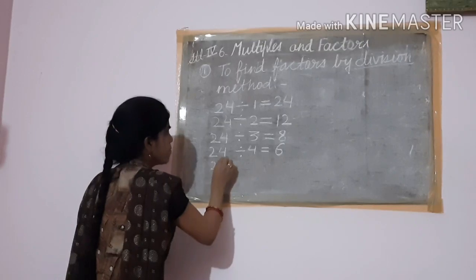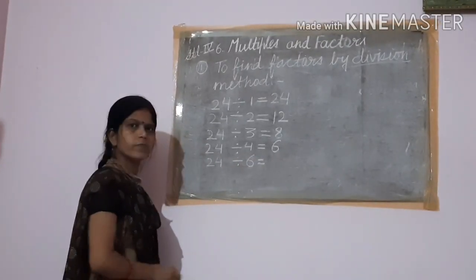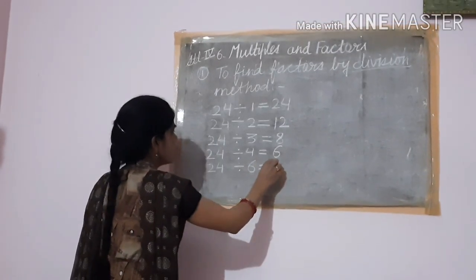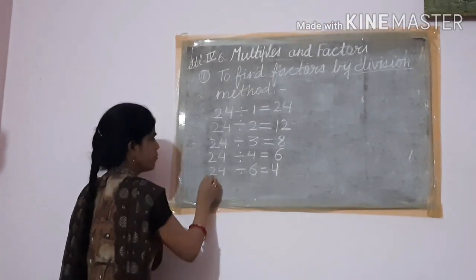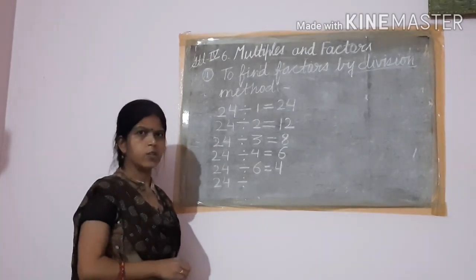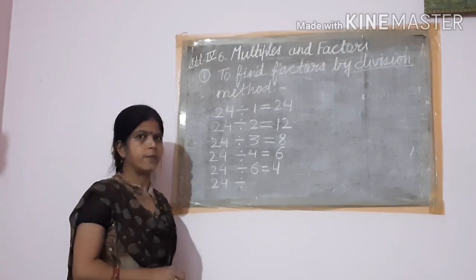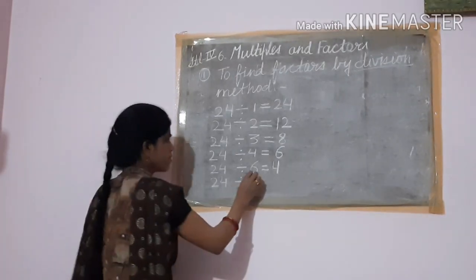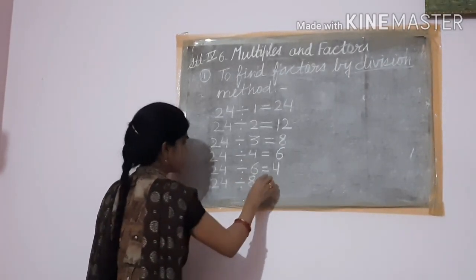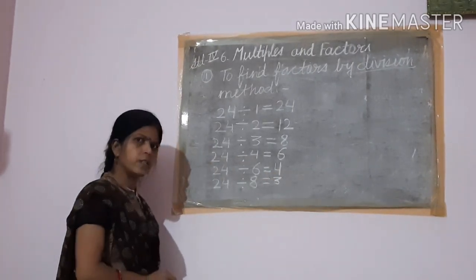Now the next number, 24 divided by 6. What will come? Again 6 4s are 24. 24 divided by 7. In the 7 table also 24 is not coming. 8 table, yes, 24 is coming. 8 3s are 24. So when you divide 24 by 8, the quotient is 3. Now 9.